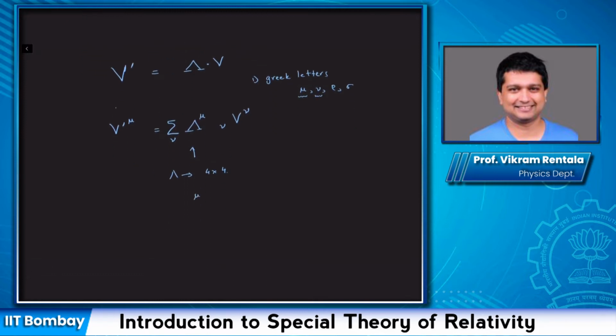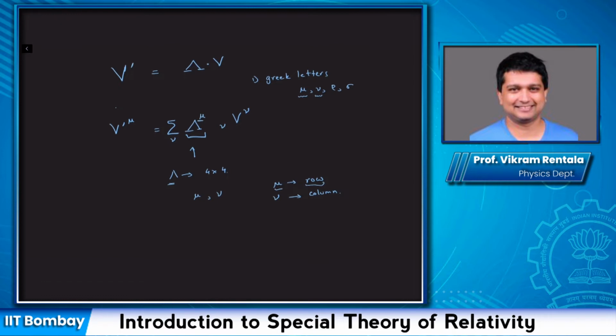If we choose a value of mu and we choose a value of nu, we pick out a particular entry of lambda. So choosing mu in this case would be choosing a row of lambda, and choosing nu would pick out a column of lambda. The one thing you'll note is that the row index mu is raised over here.